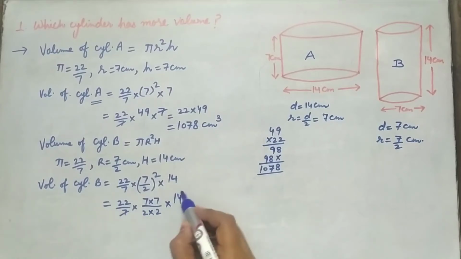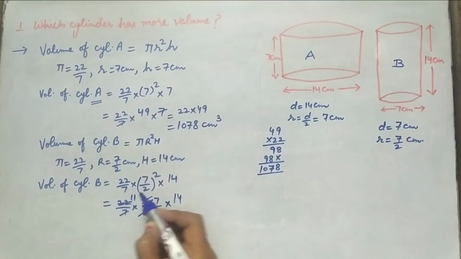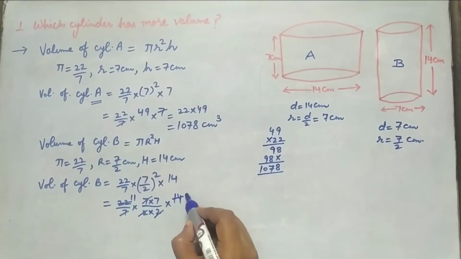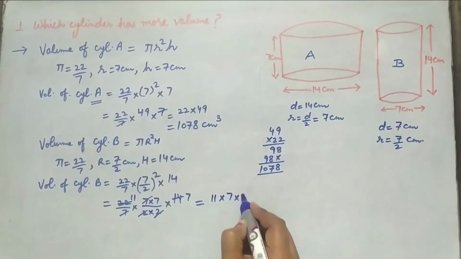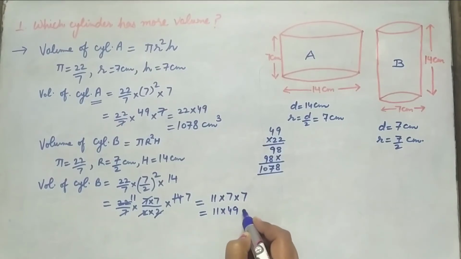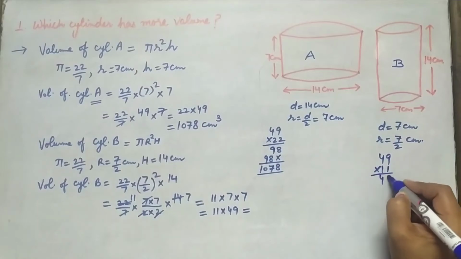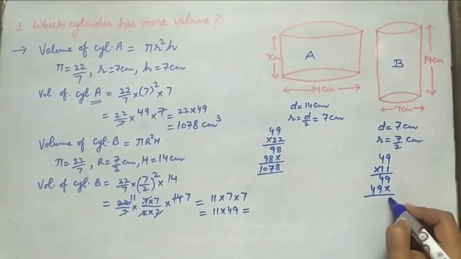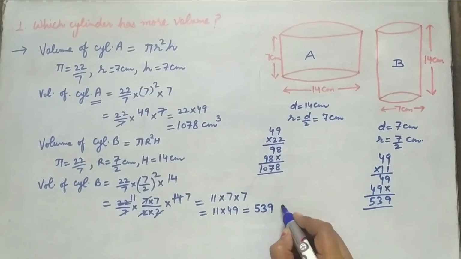Now cancellation, 7 goes with 1 7, 2 goes with 22, 2 goes with 14, and what is left? 11 multiply 7 multiply 7. It is 7 7s are 49 into 11. It will become 49 into 11 like this, 539, and the units centimeter cube.